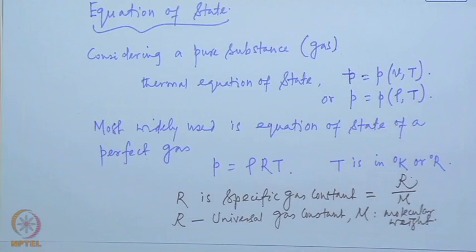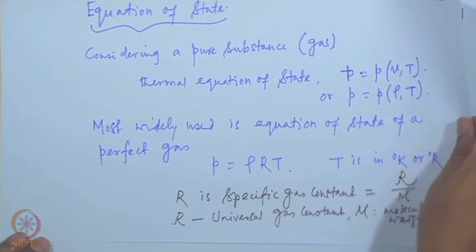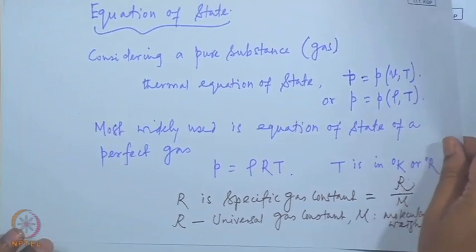Now, this equation holds for all gases at low densities, particularly when the temperature is not very large and neither the pressure is too high. So, this is the equation of state for a perfect gas.